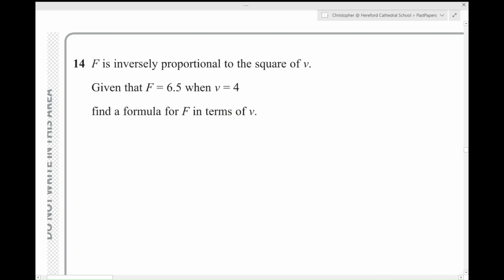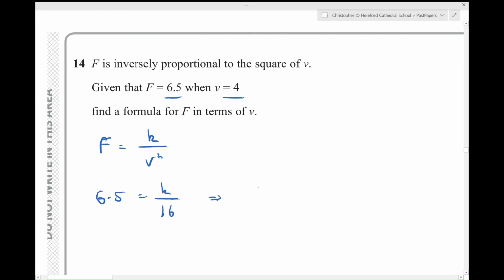Question 14. F is inversely proportional to the square of v. So that means I can write that f equals k over v squared. Great. Now, given that f is 6.5 when v equals 4, find the formula for f in terms of v. So let me substitute in the values I know. So if f equals k over v squared, then 6.5 must equal k over 4 squared, k over 16.